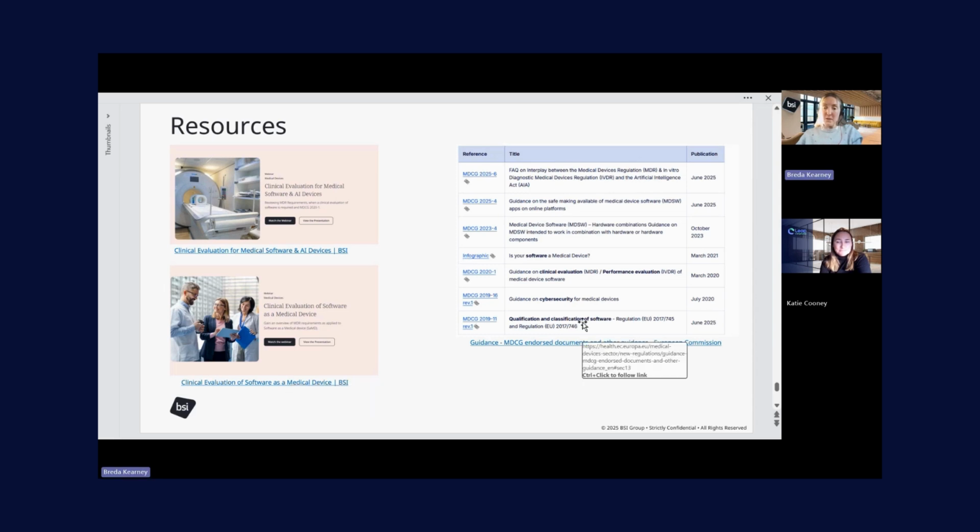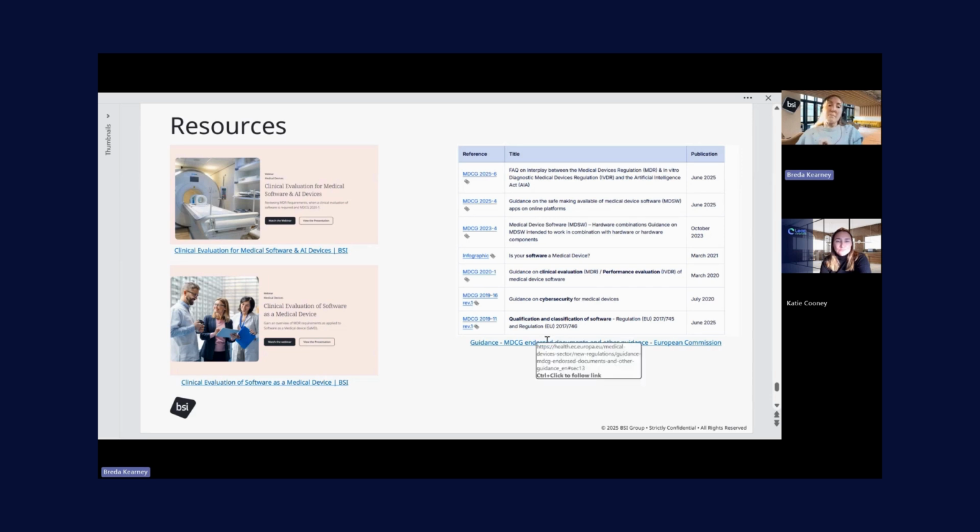There's also, for the MDCG documents, a whole series of documents on how you regulate software as a medical device. This one here, MDCG 2020-1, is probably one of the best ones. It's the one that I use most often. And 2019-11 is also very good.